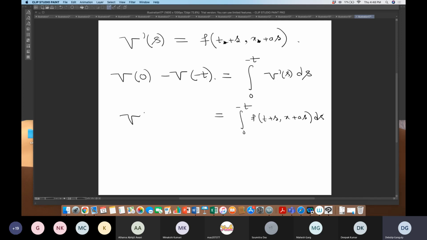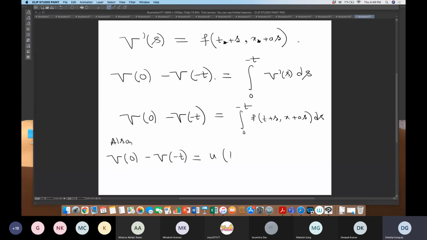So V of 0 minus V of minus T, just using the fundamental theorem of integral calculus. Now, can you calculate what V of 0 and V of minus T are?